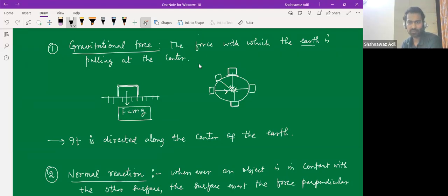So we'll do the numericals based on these kinds of forces. Do you guys have any doubt in these three forces? No, sir. Okay, then please note it down.